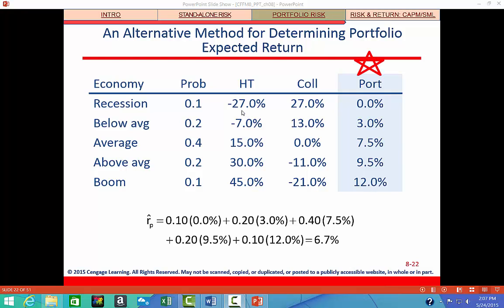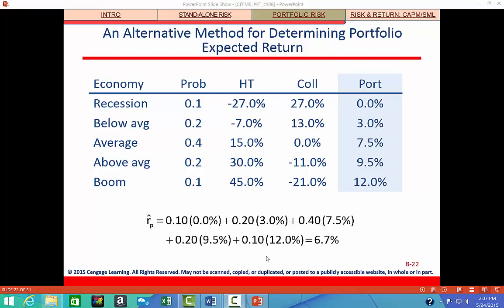So 0.5 times negative 27% plus 0.5 times 27% is going to equal 0 for this first one, and so on. So if you had each of these portfolio returns and then the probabilities, you could get an expected return by multiplying the probability for recession times the first portfolio return of 0%, and then the second probability of below average economy times 3%, which is this second portfolio return.